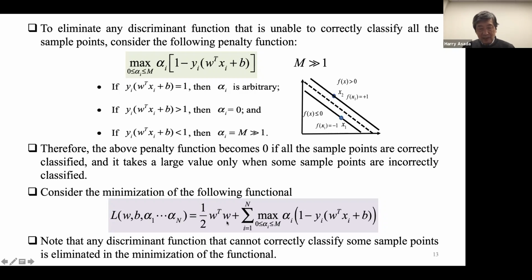Then we add this second term, which is the penalty function. If something is wrong, this penalty function is so large that such a pair of W and b cannot make the minimum. Please note that any discriminant function that cannot correctly classify some samples, even one sample point, is eliminated in the minimization of the above function.